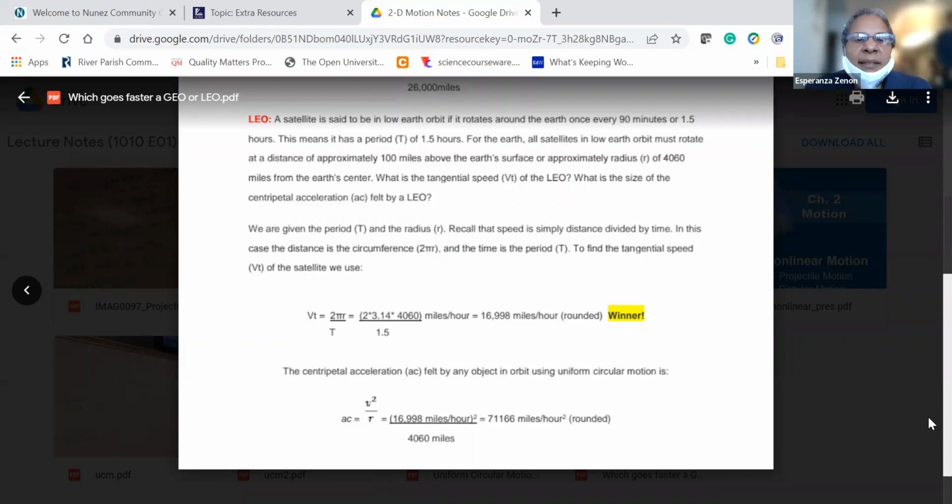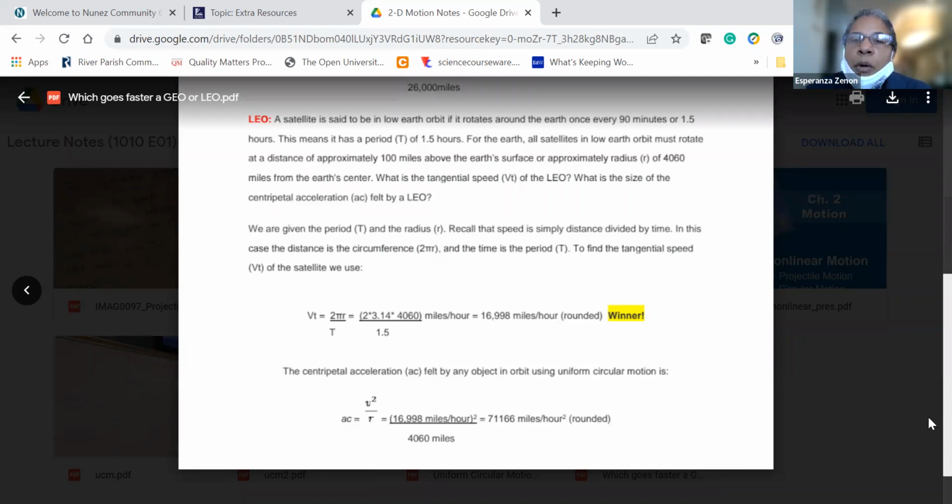And so this International Space Station is what we call a low Earth orbit satellite. It makes a trip around the Earth once every 90 minutes. Okay, so an hour and a half, right? 1.5 hours. It makes a complete trip around the Earth. So its period is 1.5 hours.